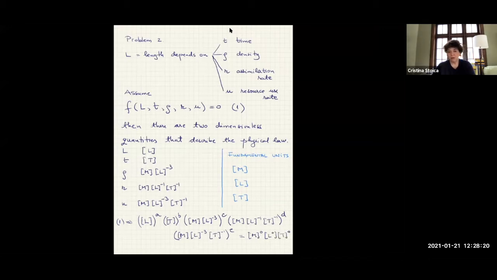Now we combine them, so we get L to the power A minus 3C minus 2D minus 3E, then M to the power C plus D plus E, and then T to the power B minus D minus E has to be L to the 0, M to the 0, T to the 0.